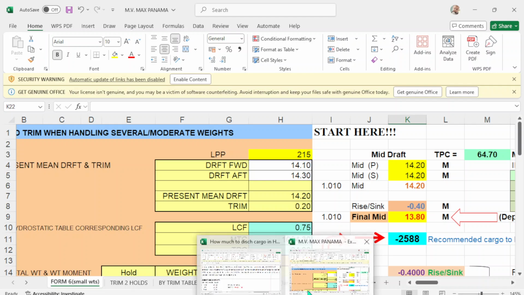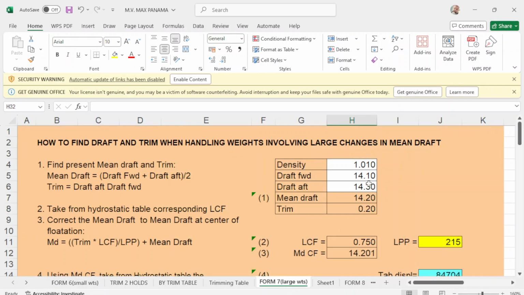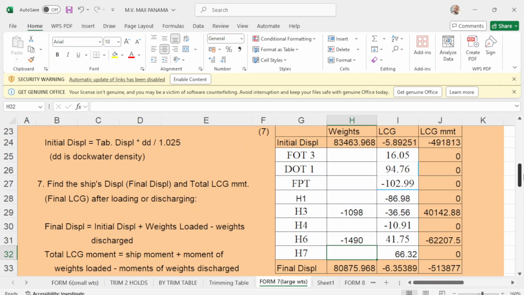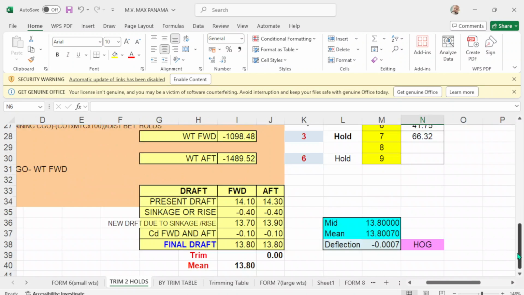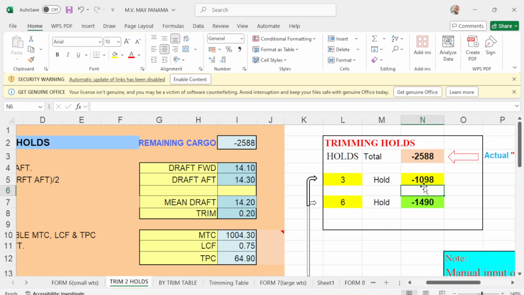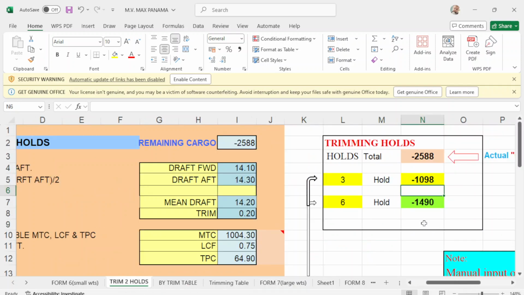Then we go here, number 7. This is your initial drop. Okay, then you apply now your cargo to load. That is hold number 2. See, hold number 2. So number 3 is negative 1098, and hold number 6 is negative 1490.